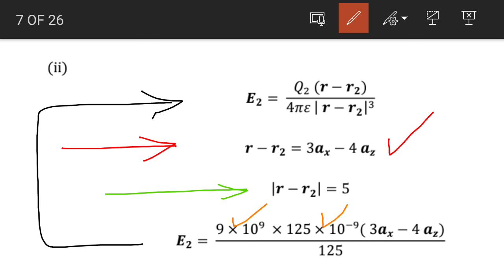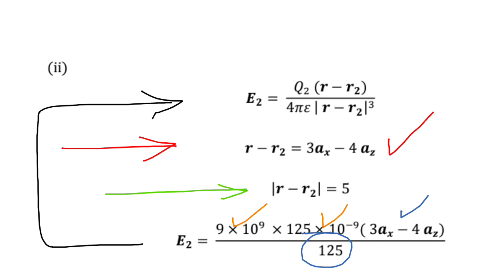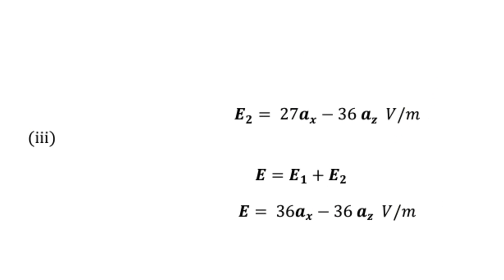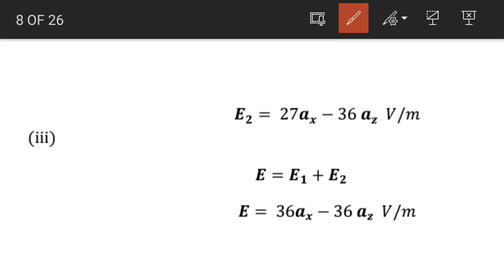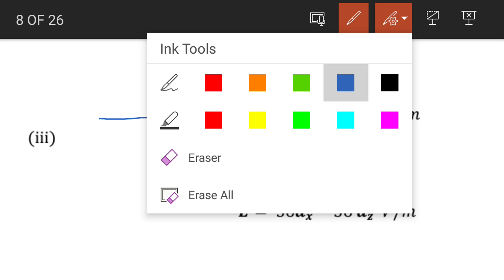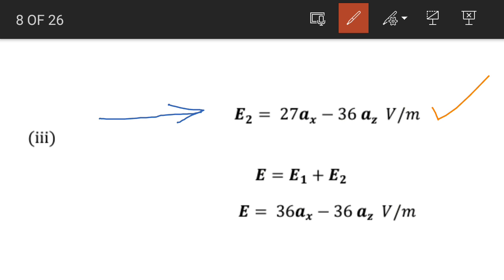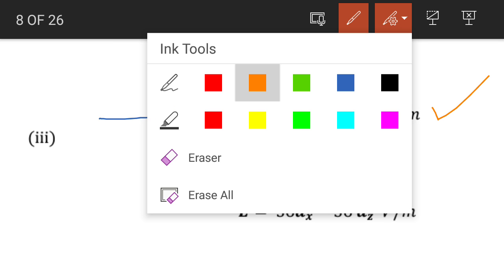The distance vector extending from the source to the point under observation is 3ax minus 4az, and we have 125 in the denominator, which is 5 raised to power 3, the magnitude of the distance vector cubed. So we simplify this equation. The electric field intensity at the mentioned point due to source number 2 comes out to be 27ax minus 36az volt per meter.